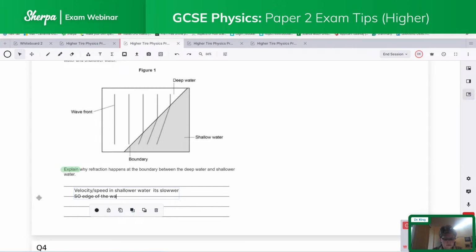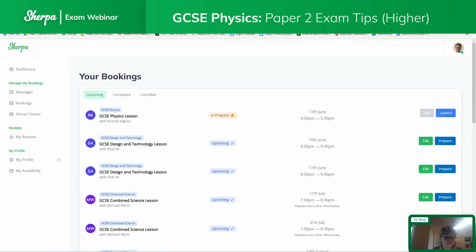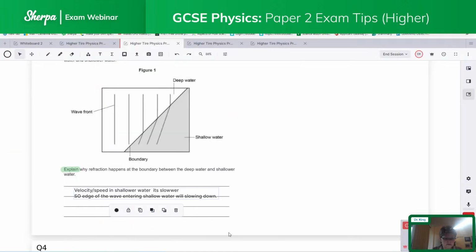The edge of the wave entering shallow water will slow down.